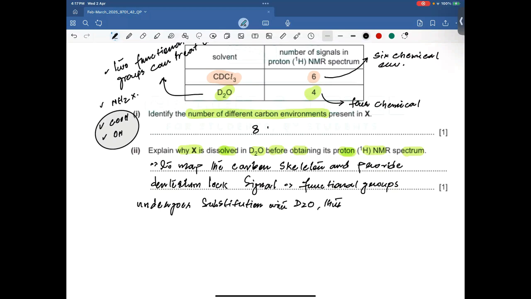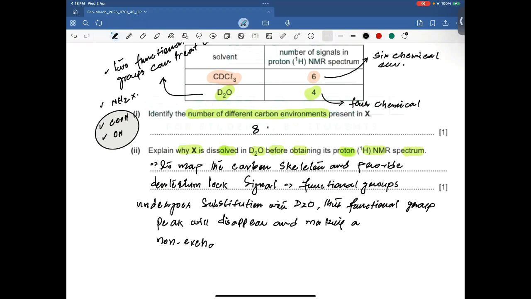Thus, the functional group peak will disappear, making a non-exchangeable proton signal. All right.